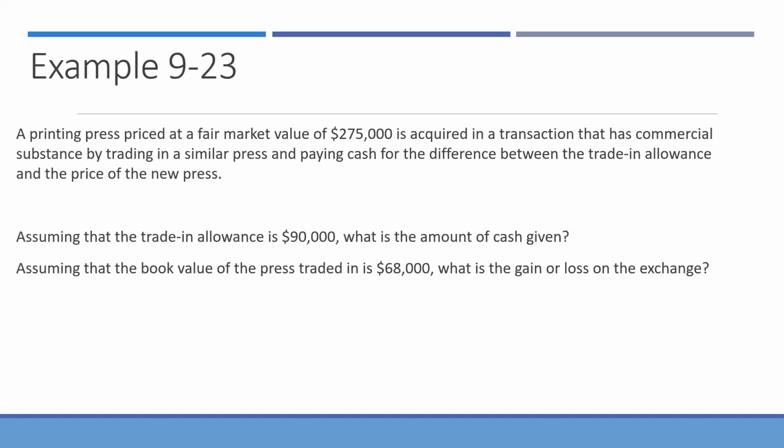So we could assume that the amount of cash would be $275,000 minus the $90,000 trade-in value. That's then the amount of cash that we owe, the difference. And assuming the book value was $68,000, was there a gain or a loss? There would be a gain of $22,000 because that's the difference between the trade-in allowance and the net book value at the time.